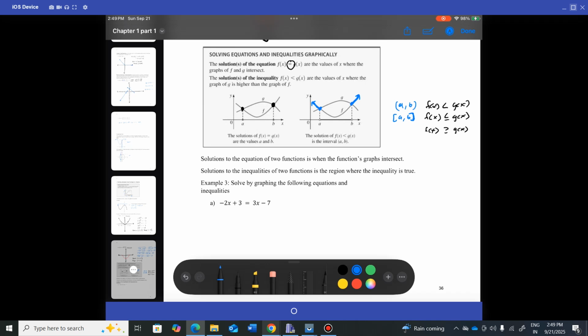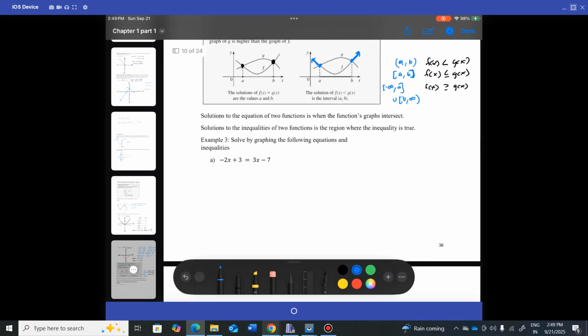So it's going to be from negative infinity to a, including a, and union with b to infinity. And if it's a greater than sign, not a greater than or equal to sign, then a and b won't be included.